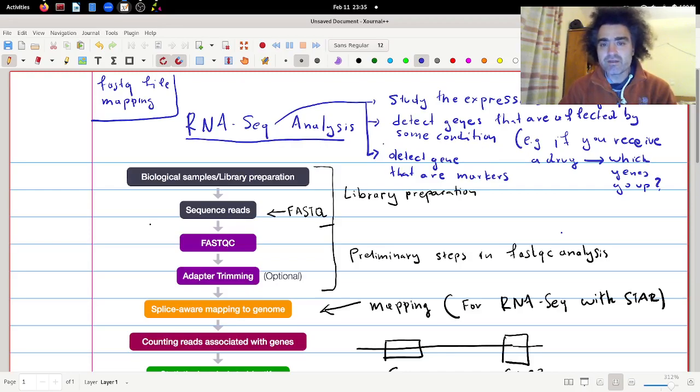Similarly to this, will be to find those genes that can be considered markers for some condition, for example, for some disease.